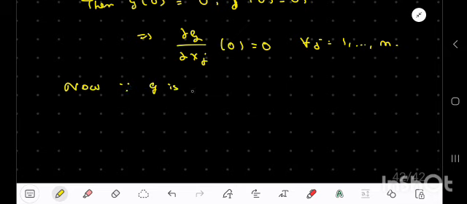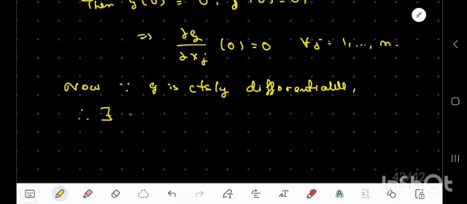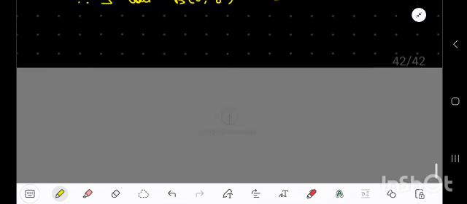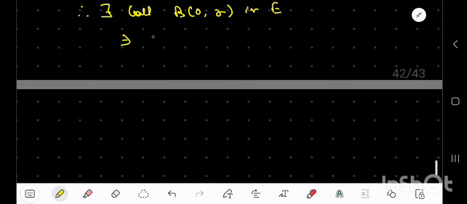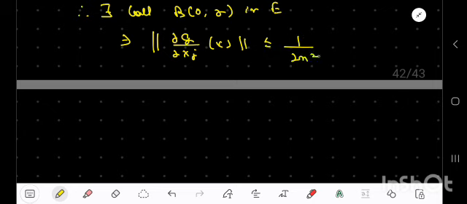Now since g is continuously differentiable, therefore there exists a ball in E. This follows from the definition of continuity, such that the norm of del g over del xj at x is less than or equal to 1 over 2n square, and this happens for every x, right.